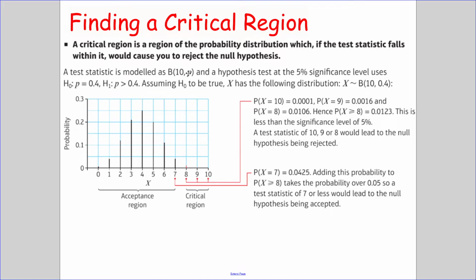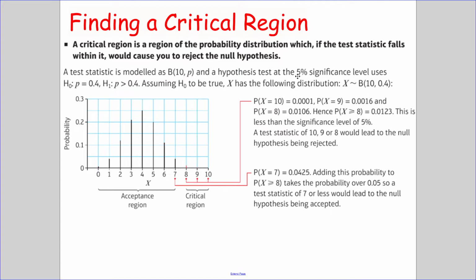We've got n is 10 and we've got p is 0.4. So you can see in the middle we've got lots of options. The most likely option is 4, which you'll notice is actually n times p. 10 things, probability 0.4, most likely outcome is 4. And then 3 and 5 are quite likely, and 2 and 6 are a little bit less likely, but after that we start to tail off to what we call a tail here.